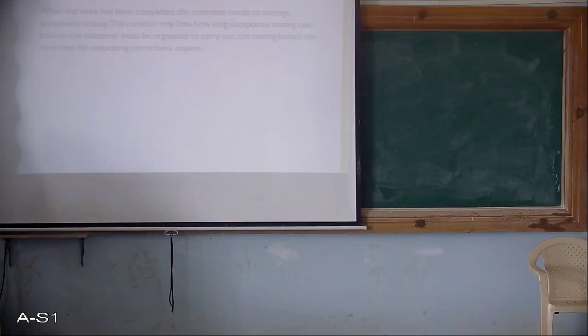Suppose, for example, for any product in the market, there will be a warranty or a guarantee they are going to provide. If it has a defect or default, in that case it will be replaced within 6 months. The acceptance test has a limit.